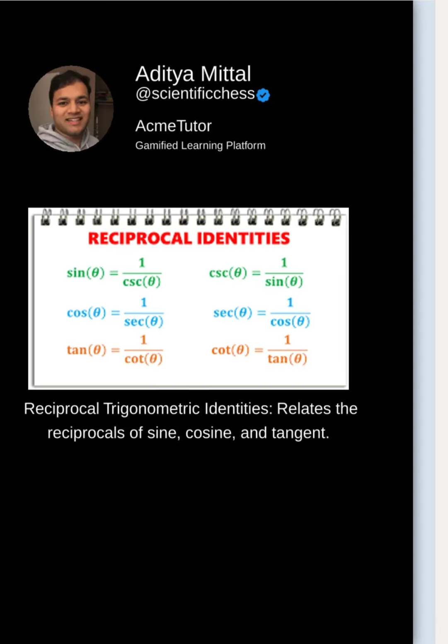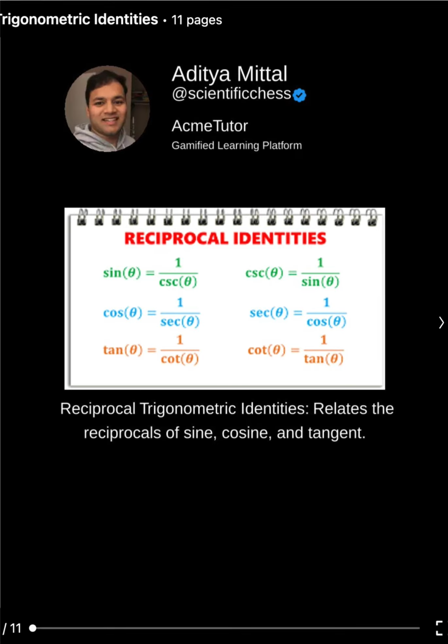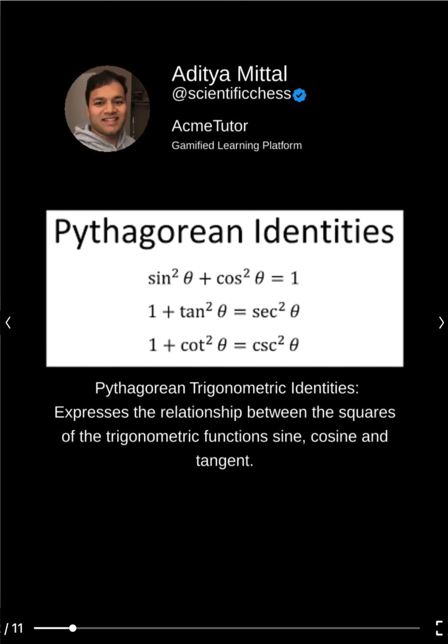Let's move on. Next we have the Pythagorean identities. You can think of them as the triangle. You square the two sides to get the square of the hypotenuse. In this case, you're not going to square the two sides, but you're going to square the trigonometric functions themselves.